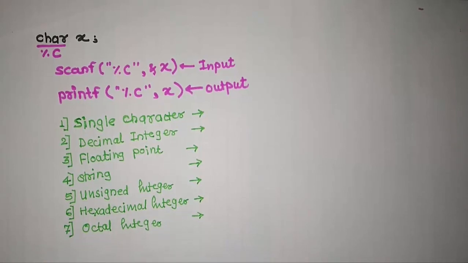So these are the different, say, the domains or the data types associated with the different data that we are going to handle in our program as per the requirement.